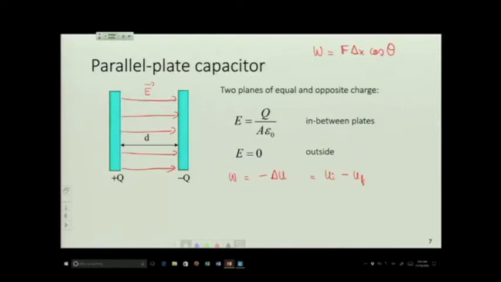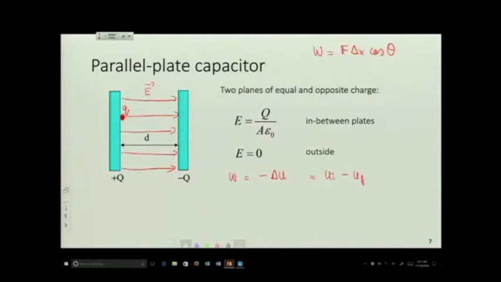So imagine I put in a little charge Q and I want to move that from the left plate to the right plate. What is the force on charge Q? There's an electric field E between the plates. In terms of the electric field E, what is the force on charge Q? QE, right?